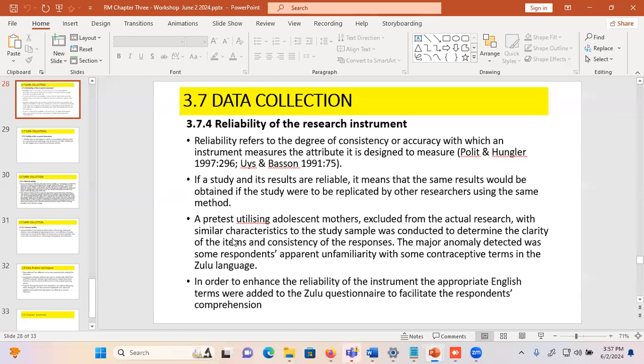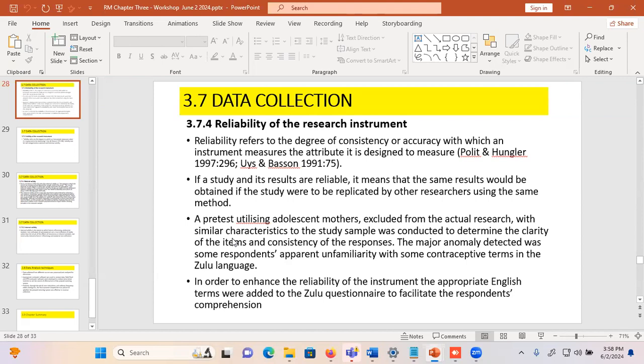So we develop a questionnaire. After developing this questionnaire and collecting the information, if we use the questionnaire over again, several times, the same questionnaire, and collect information and get the same result, we call that reliability.